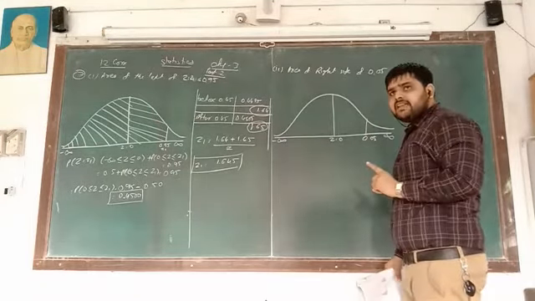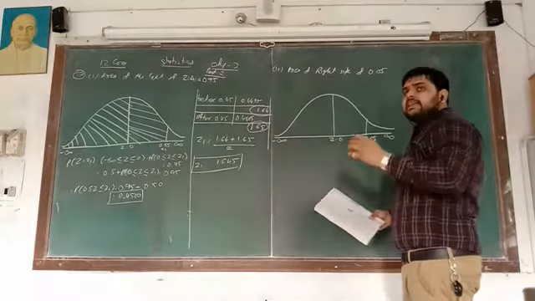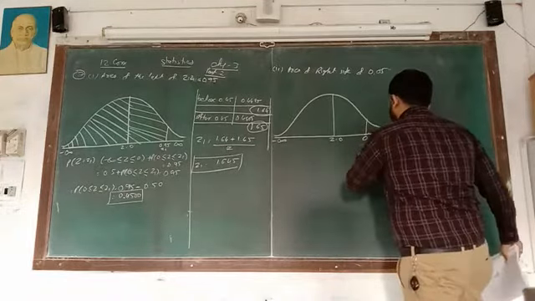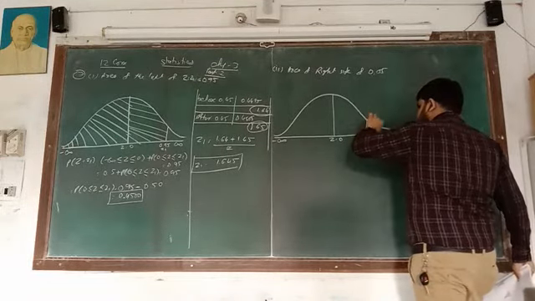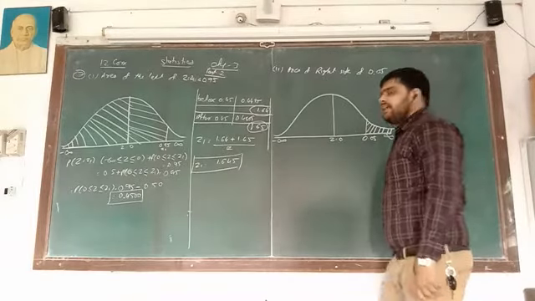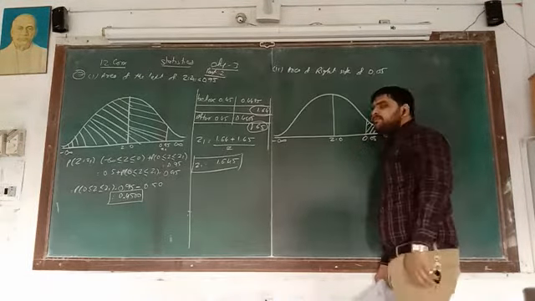What is the question? It is the right-hand side from 0.5, so the right-hand side is equal to these remaining portions.